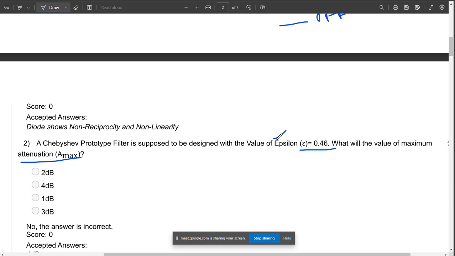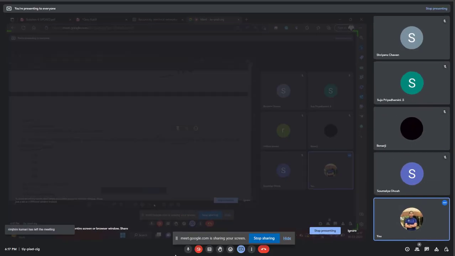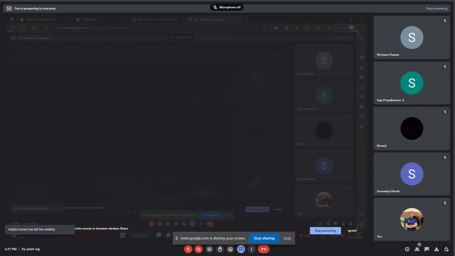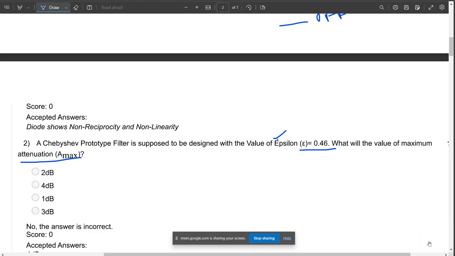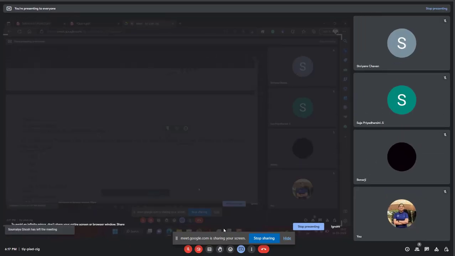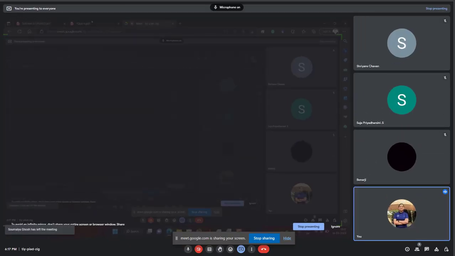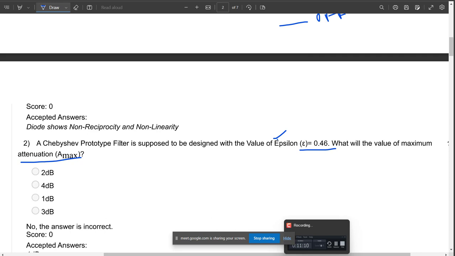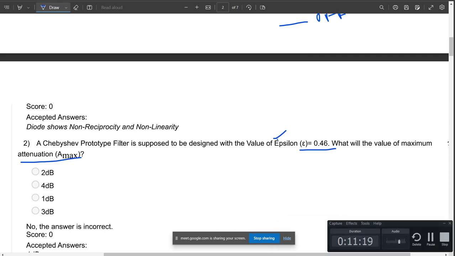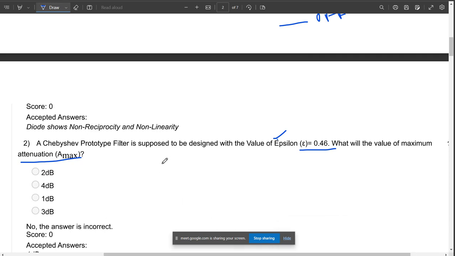So here a Chebyshev prototype filter is given, and the value of epsilon is 0.46. Now you have to find the maximum attenuation, which is A max.